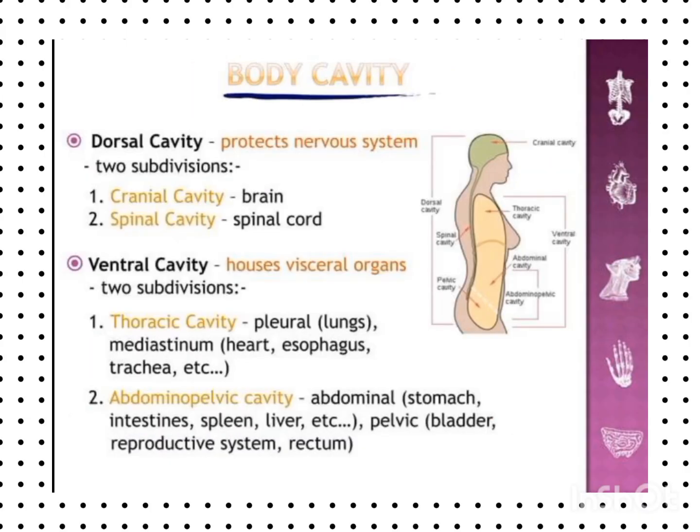We may have other organs like the gallbladder and the pancreas. All of them are found in the abdominal cavity. For the pelvic region, we have the bladder, the reproductive system, and also the rectum. The intestines, we simply understand, are the small and large intestines.